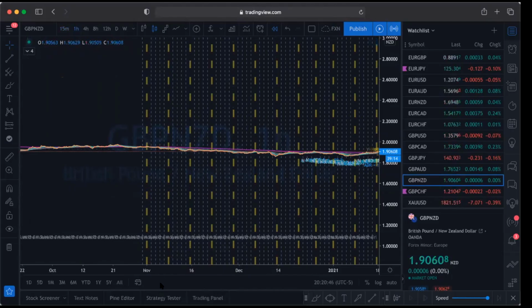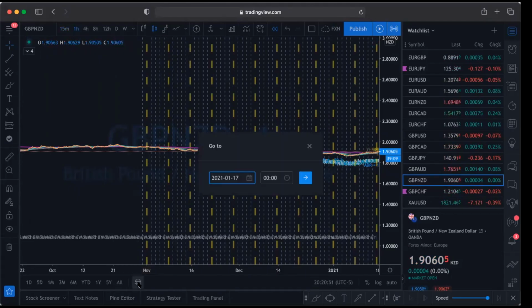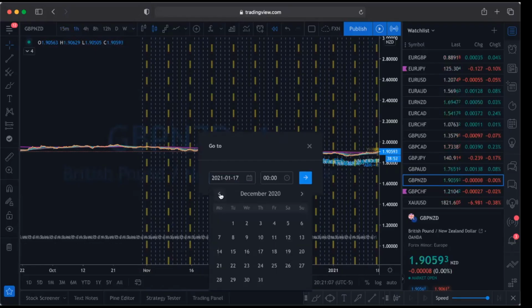The reason I asked before or during is because during the pandemic, you're not really going to be able to use ADR at all because pretty much every day was like 200-300 pip moves during all 3 sessions.